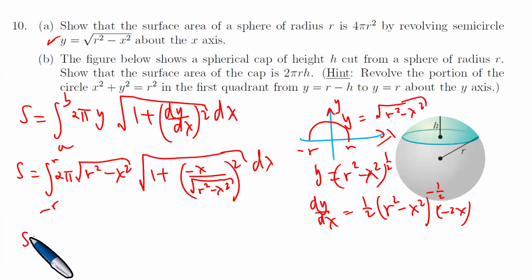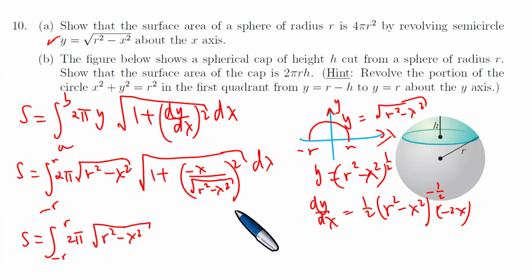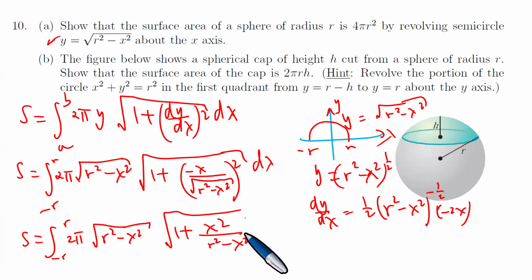Which means that the area of the surface from minus r to r is 2 pi the square root of r squared minus x squared. We're using this formula. Then we have 1 plus, you square this one, it's actually x squared over r squared minus x squared, dx.